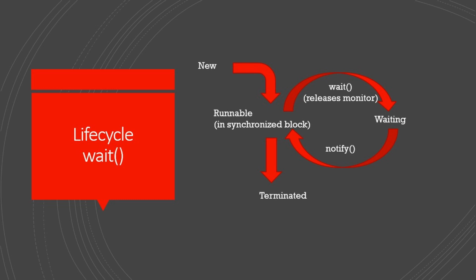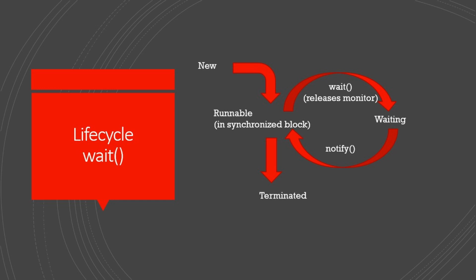Or let's just do a quick recap of this new life cycle. We have a runnable thread inside its synchronized code block or in a synchronized method call. Because of some reason, we want to put our thread on hold.